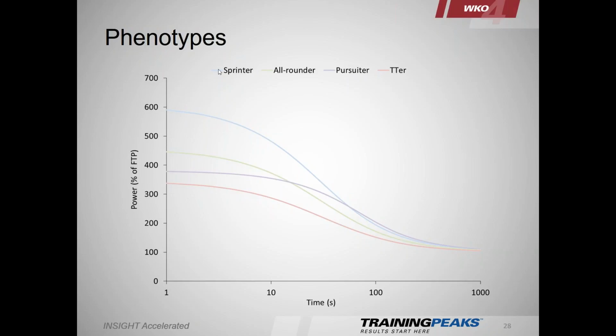Now, you might be a sprinter phenotype that only has a 600-watt sprint. This isn't watts, this is power as a percentage of FTP. It doesn't mean you're a great sprinter. It probably means you're an okay sprinter at best, but it just is the shape of your curve.